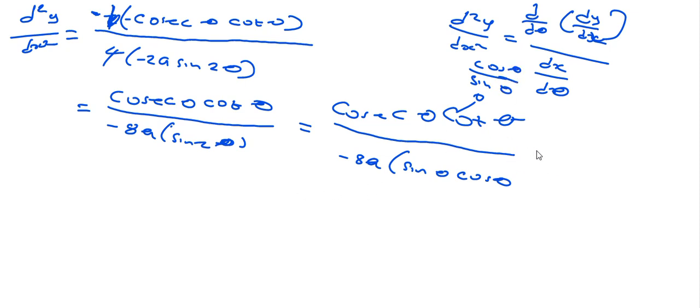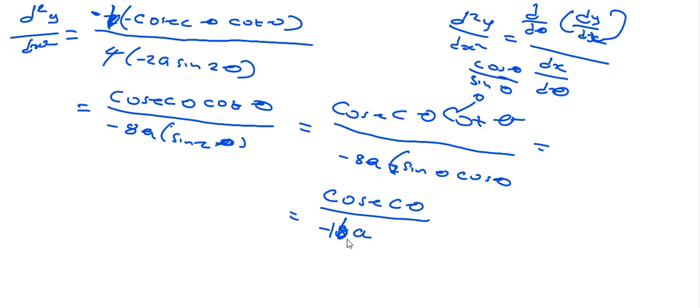So we're going to write it down there. We're going to be left with cosec theta divided by negative a. Remember, we're going to have negative 8. So remember, here we're supposed to have, this is going to be 16. I'm sorry, this is going to be 16. I forgot the 2.